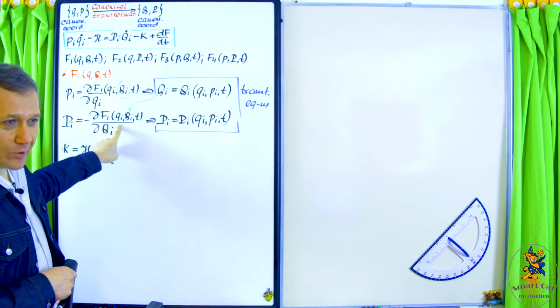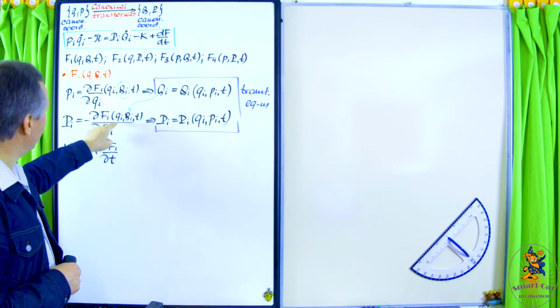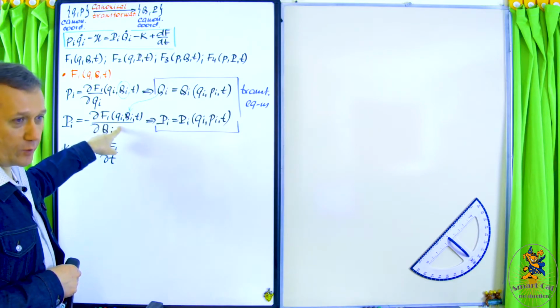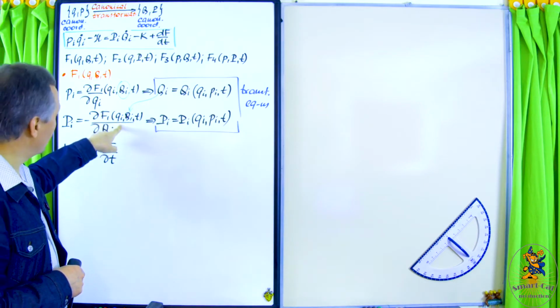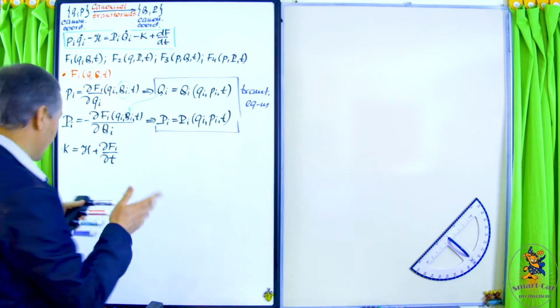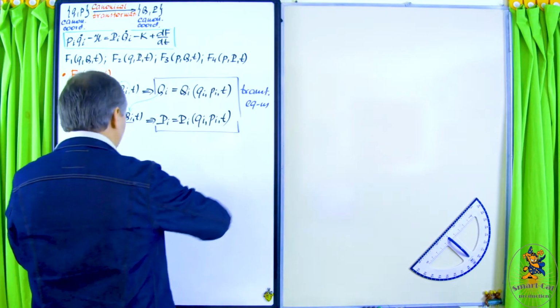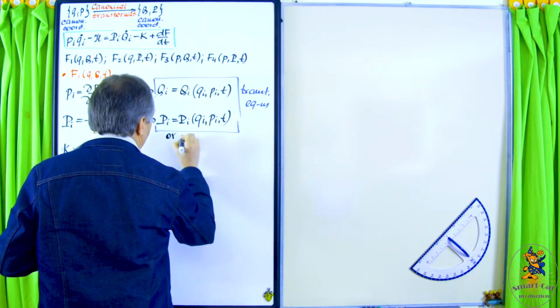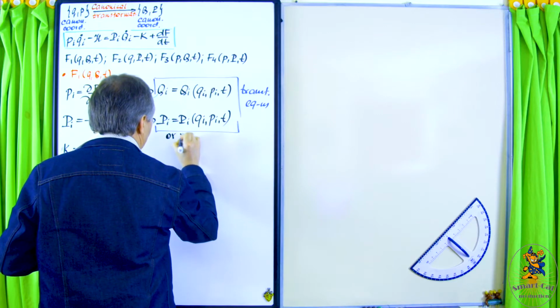If you look at the second equation, we have here only q small. Of course, after differentiating, if you invert it, you can get q small in terms of Q capital and P capital. It's sort of a reverse situation.